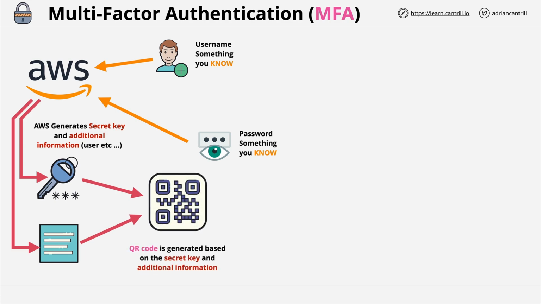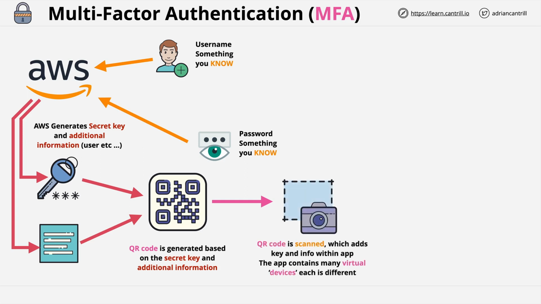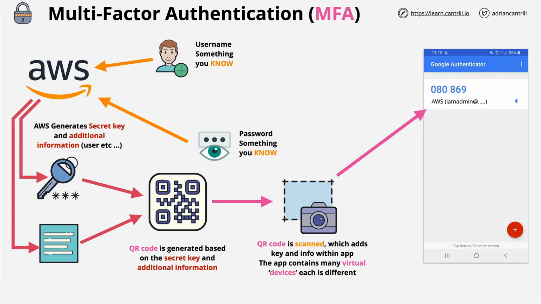So once you've got this QR code, using the MFA application on your phone, you scan this code which transfers the information into the MFA application, and this means there's now an entry in the application with a code which regenerates periodically. It's never the same, and a new code is generated every single time the code refreshes. Now, the way to think about the application is that it holds one or more virtual MFAs, and each virtual MFA, as the name suggests, is an MFA device, only virtual.